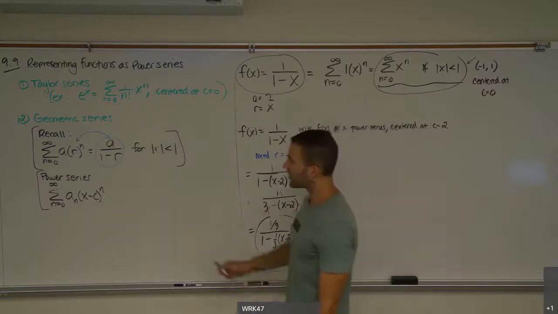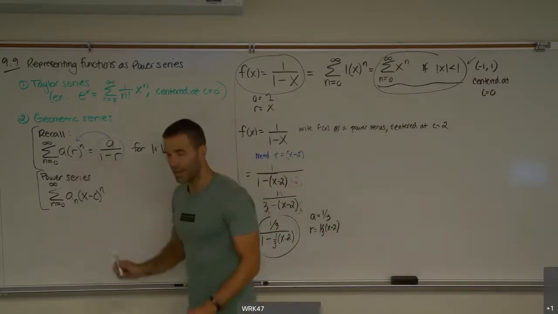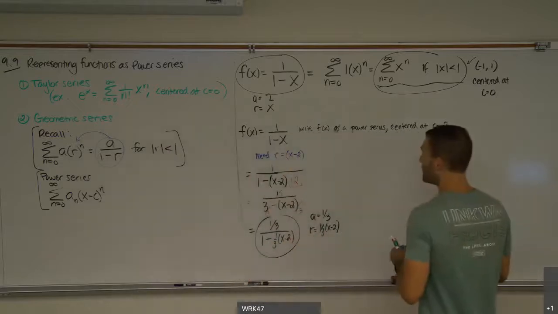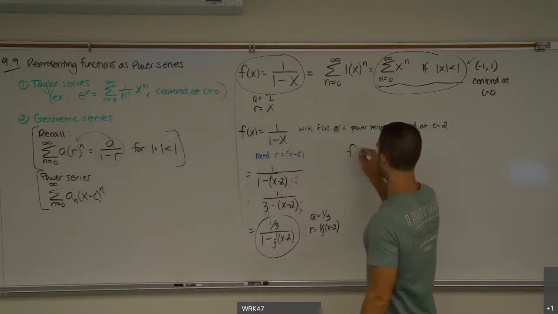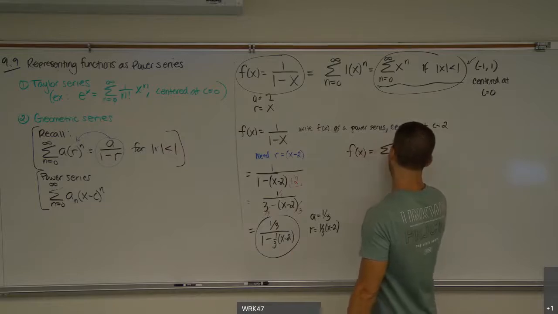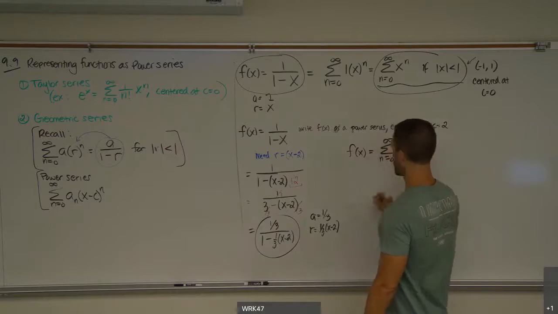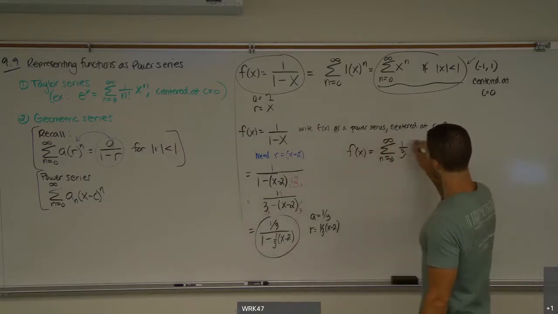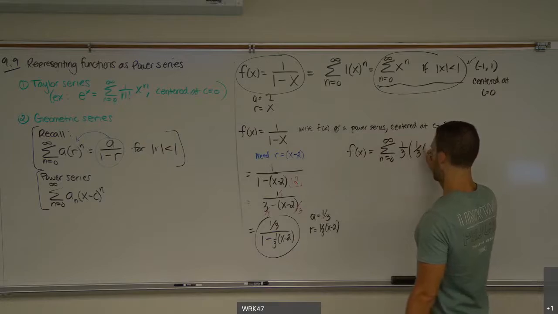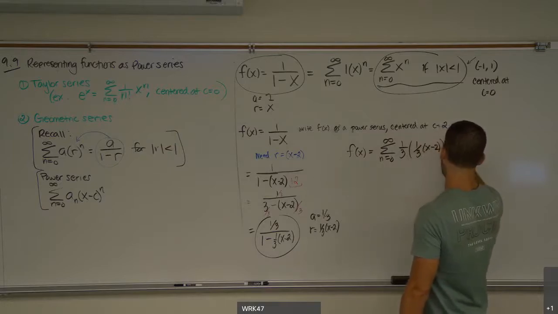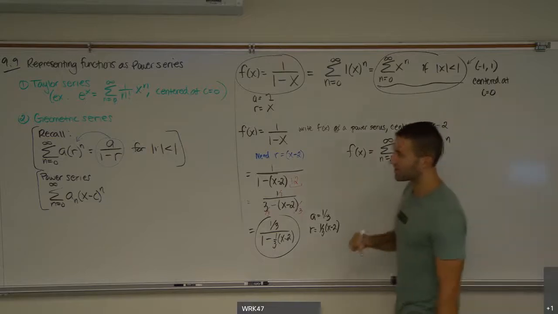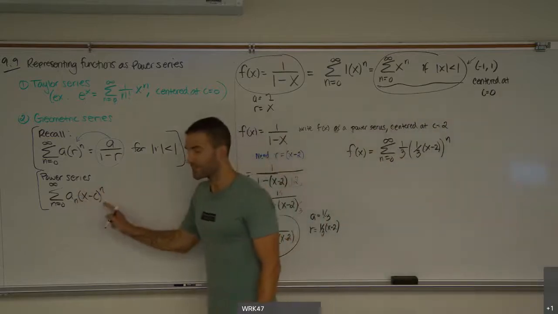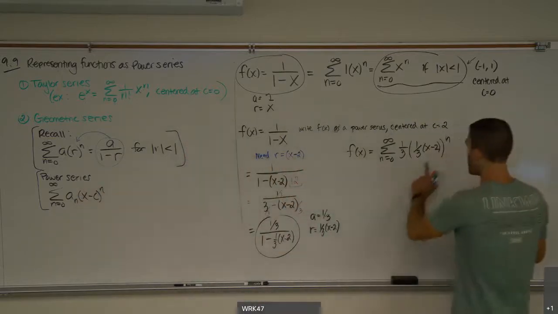And if I write this backwards now, I will get a power series centered at 2 for this function. So f of x is equal to a series, where a is 1/3 and r is 1/3 times x minus 2, then to the n. Typically the way you write a power series is with just the polynomial term, x minus c to the n, so I want to pull this 1/3 out.